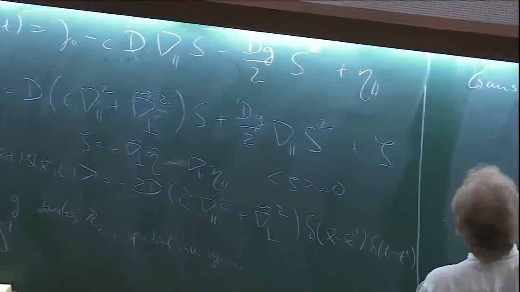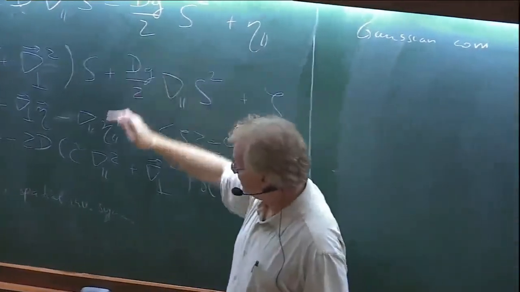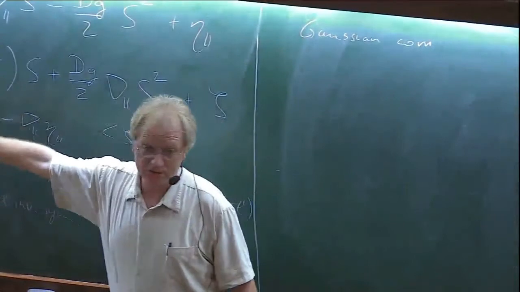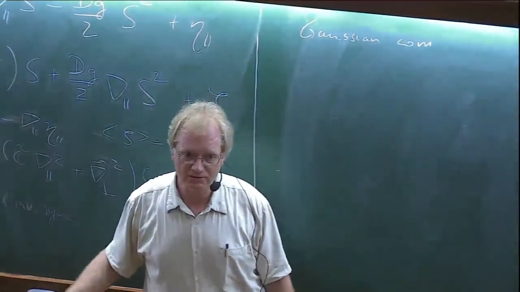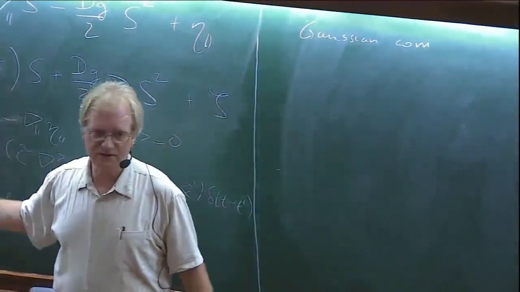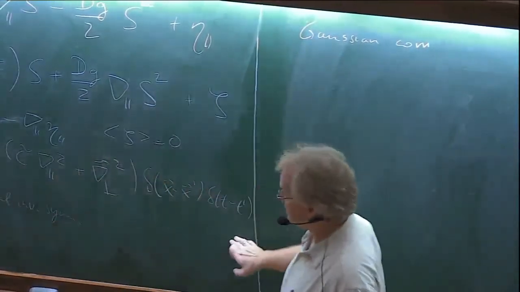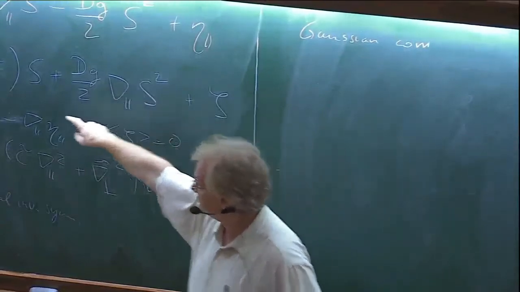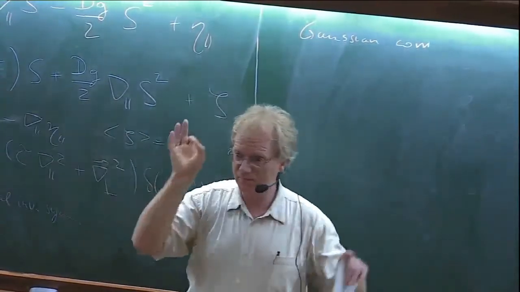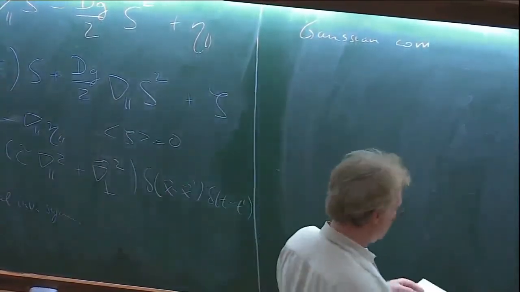Well, if I look at Gaussian correlations, this goes away. This looks like critical model A or diffusion, just with anisotropies in the game. So in the correlations, what I would have is the noise correlator upstairs and the square of these things downstairs. Just look back at what we did for model A. Very straightforward to do.